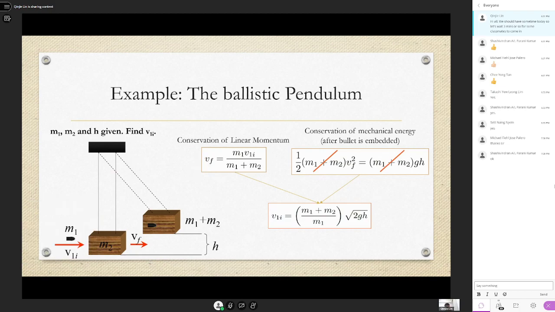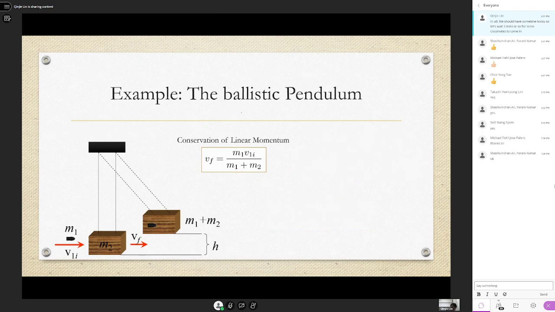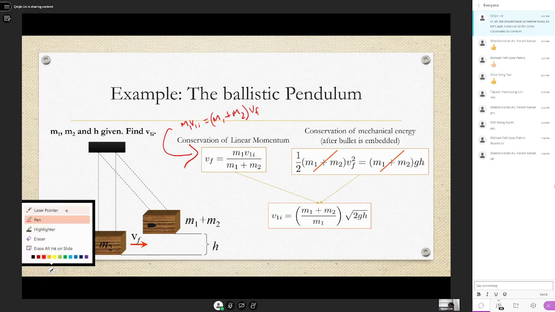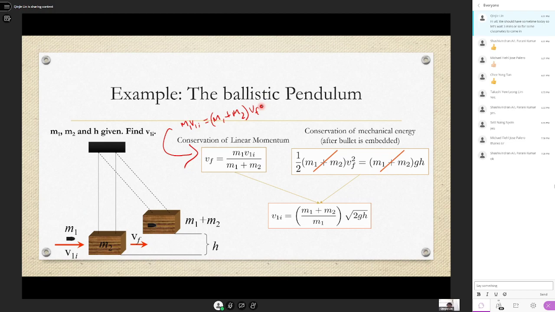Initially, if we write out the conservation of momentum for this collision, it should look like this: M1 V1I equals M1 plus M2 VF. Basically, it's the same thing, but the one that I wrote out is the general form that you will be writing out if you meet this kind of scenario.